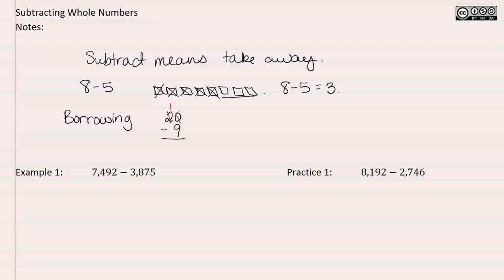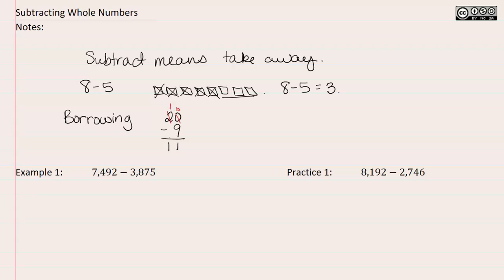So my 0 isn't a 0 anymore, it now becomes a 10. I've added 10 to it, and now I have enough to take 9 away from that 10. I have a 1, and then I don't have anything to subtract from this, so it's just 11.